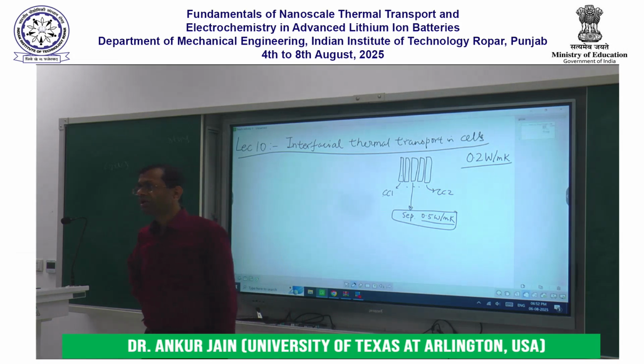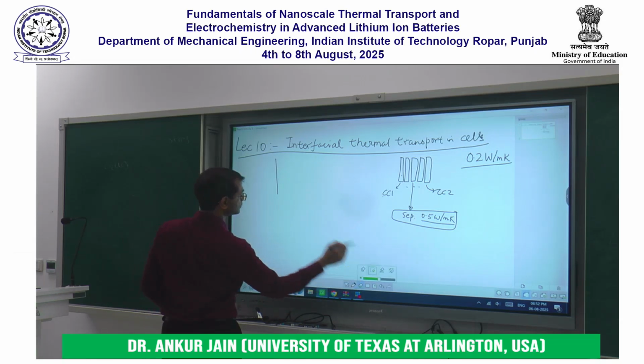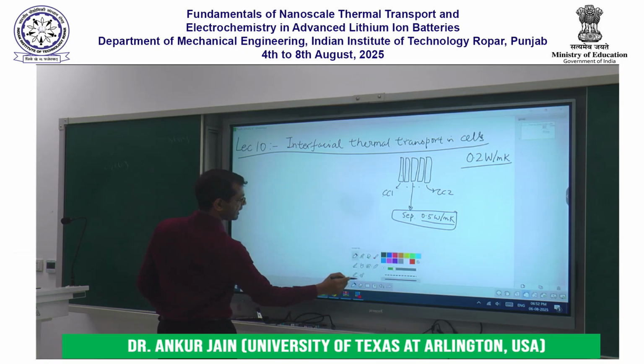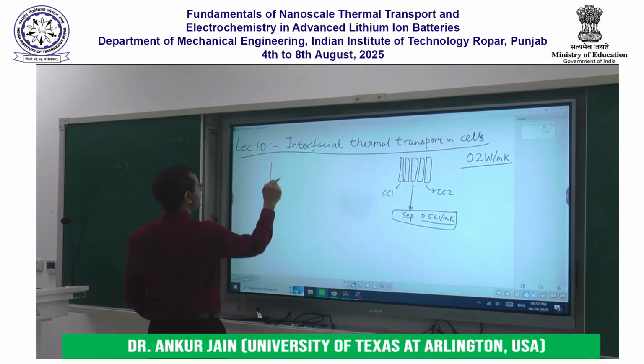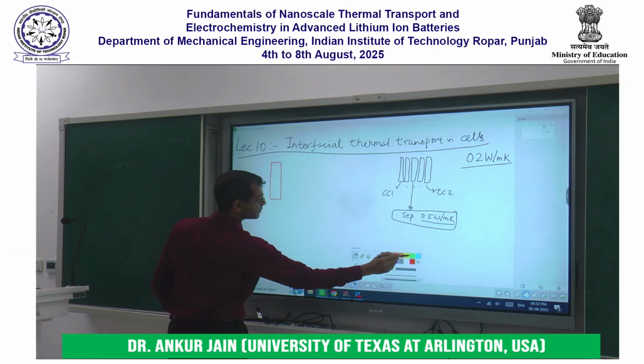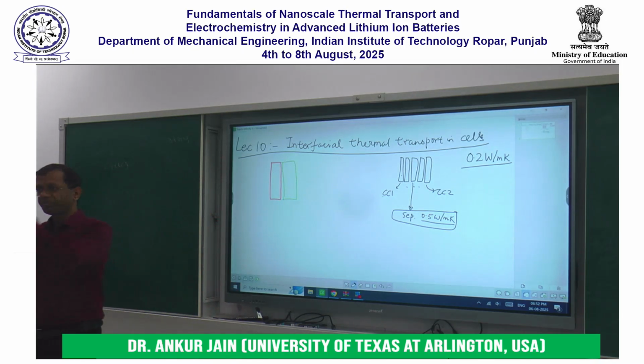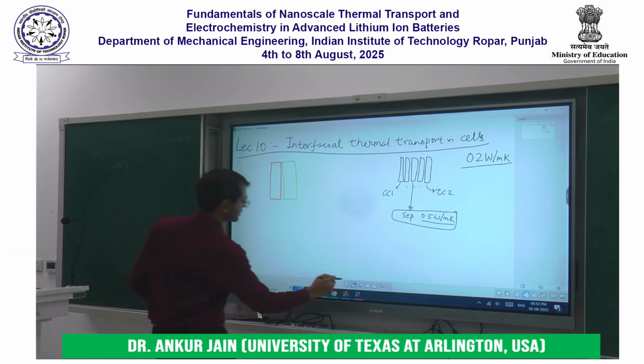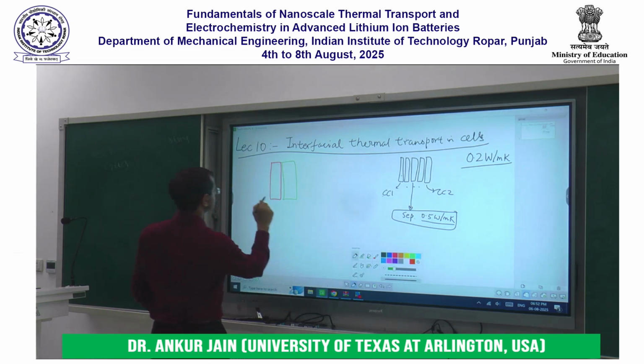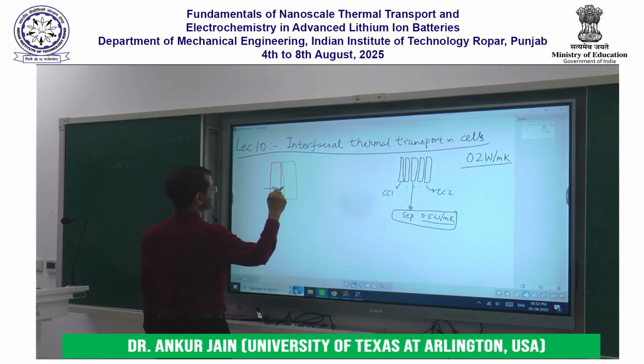Okay, so let's take a simpler example. Suppose I have two bodies, A and B, that are nominally touching each other, in which case I have a resistance of the red, a resistance of the green, and in addition I also have a contact resistance.